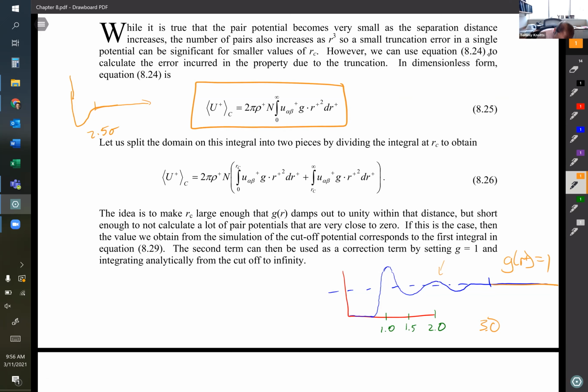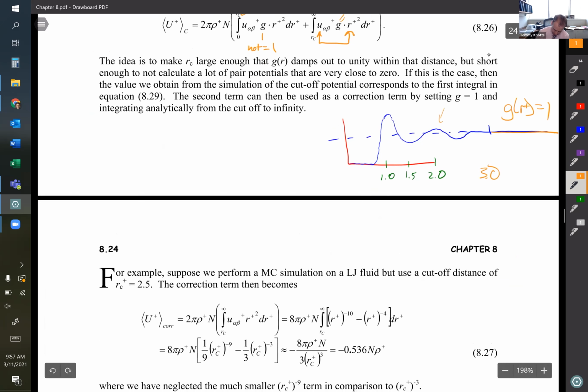So g(r) is not equal to 1 below my cutoff, but above my cutoff, I'm going to say it's equal to 1. I split this integral up, going between 0 and my r cut. That's what r_c means here, r cut, 2.5 or 3 sigma, 2.5 or 3 dimensionless. And then I go from the cutoff to infinity, where I assume g(r) is equal to 1, because I can do this integral if g(r) is equal to 1.